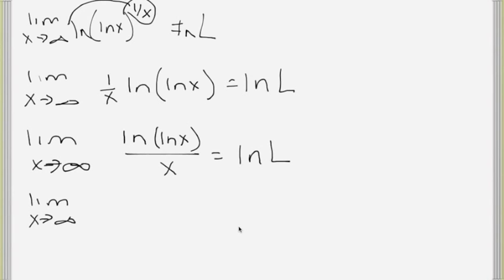On the top, the derivative of ln is 1 over stuff, but that stuff needs a derivative as well, and the derivative of ln of x is 1 over x, over 1.